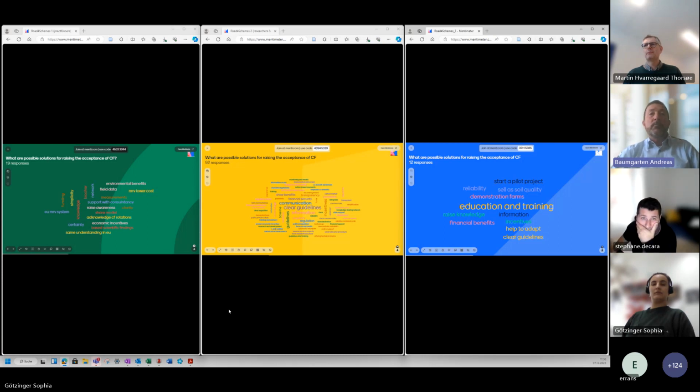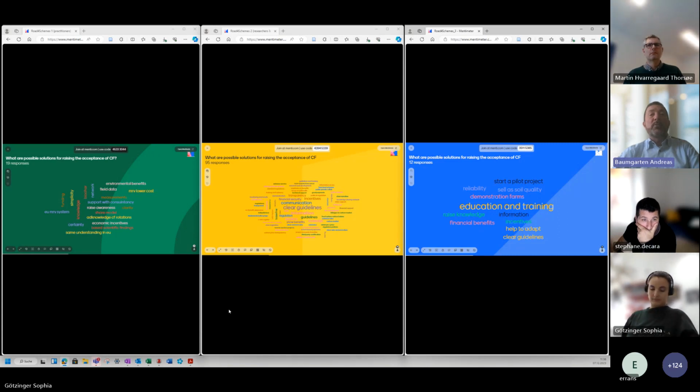Then on the researcher and NGO side, we have in the center clear guidelines. I think this is a very important thing. And so maybe our roadmap at least could be a basis to develop these clear guidelines. And secondly, communication and information.